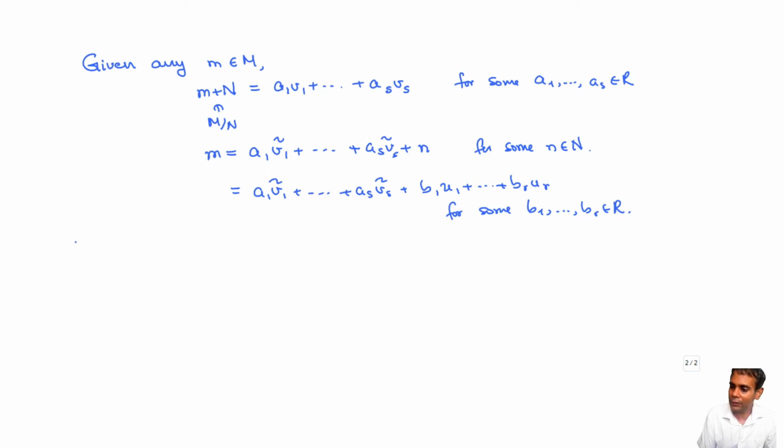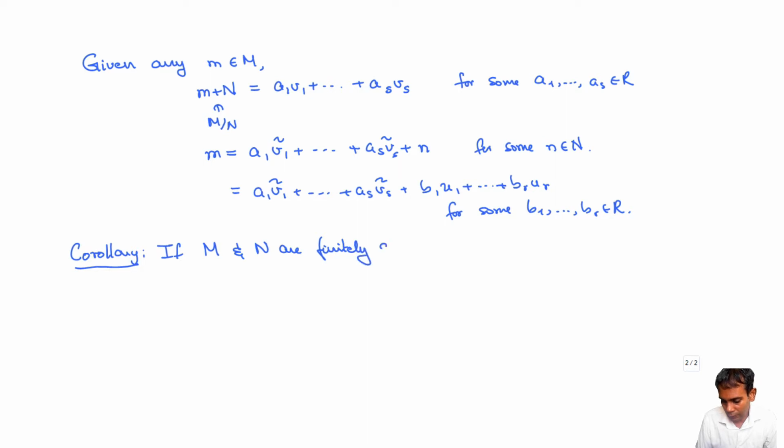So a corollary of this, rather a special case, is if M and N are finitely generated R modules, then M plus N is also finitely generated.